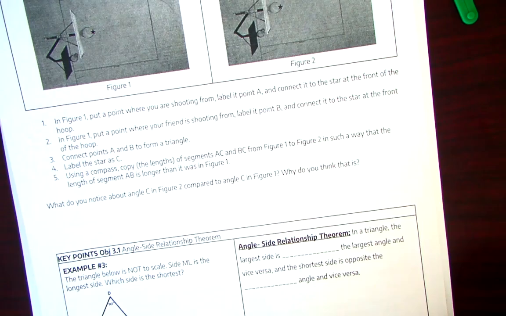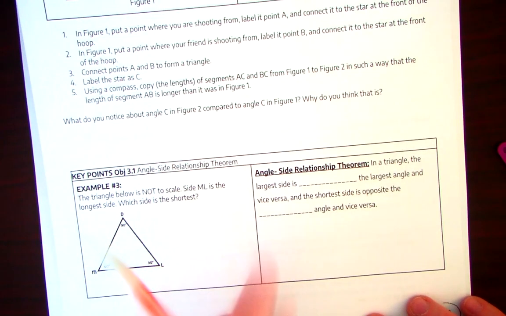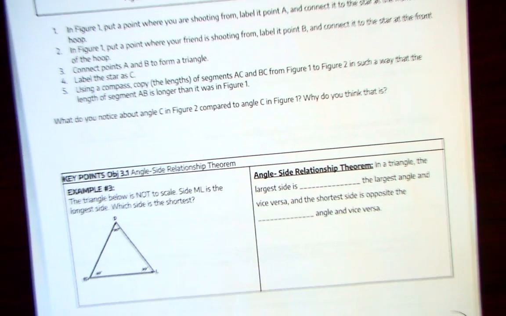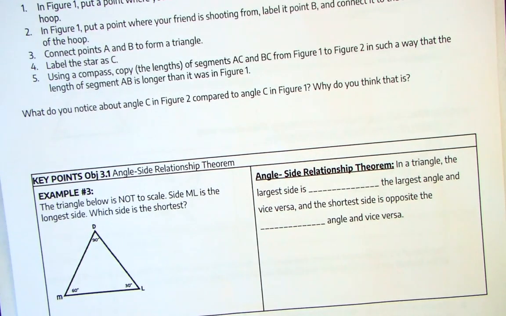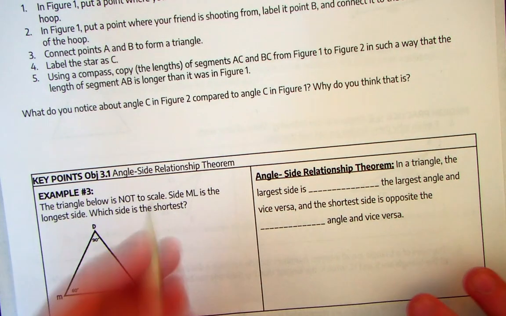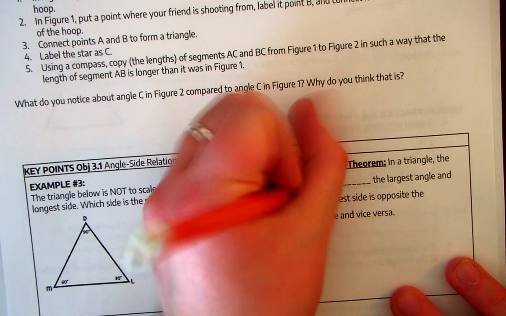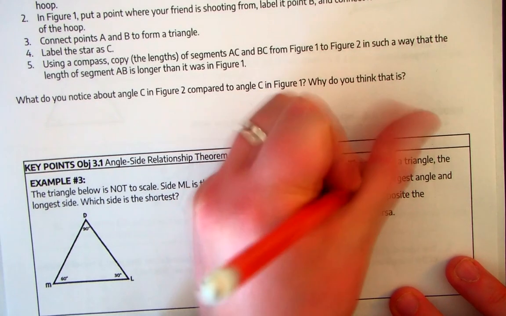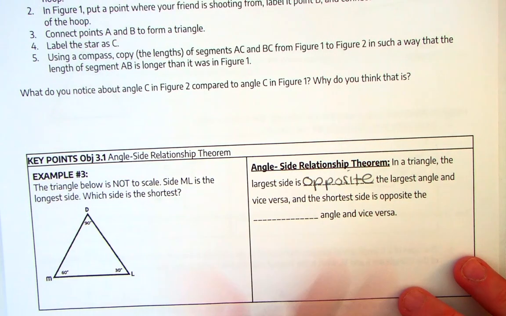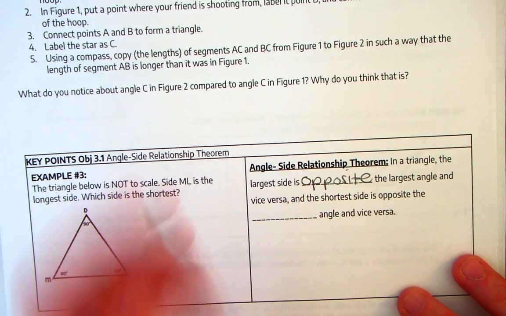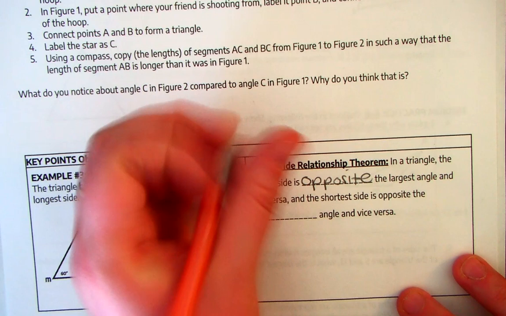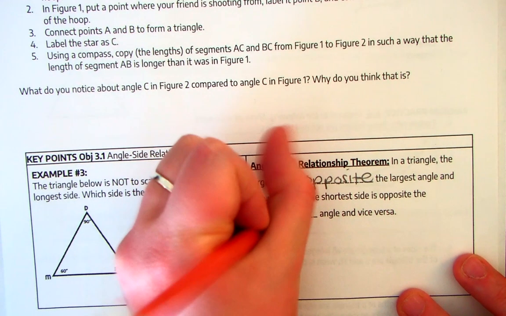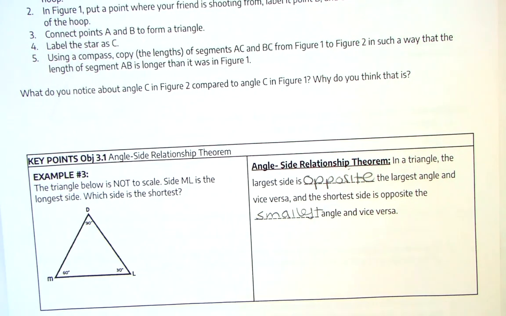That's called the angle-side relationship theorem in triangles, where in a triangle, the largest side is opposite the largest angle, and vice versa. And the shortest side is opposite the smallest angle, and vice versa.